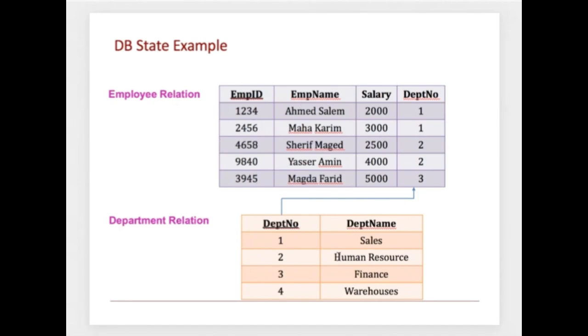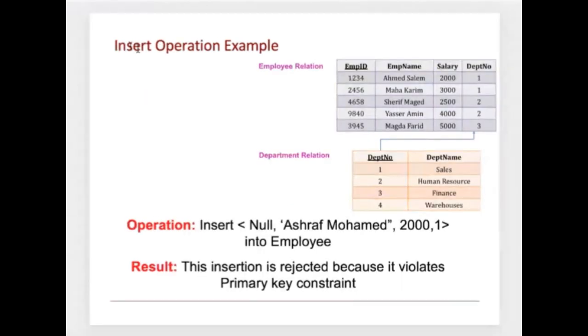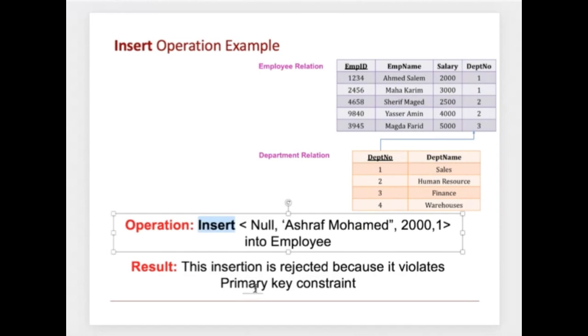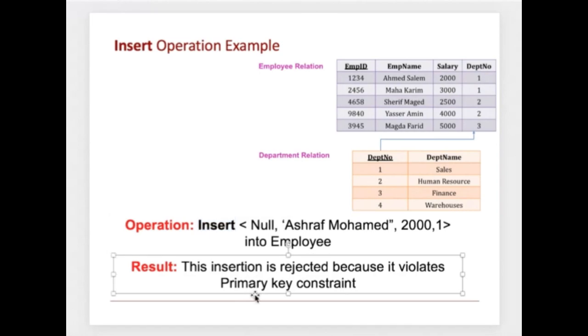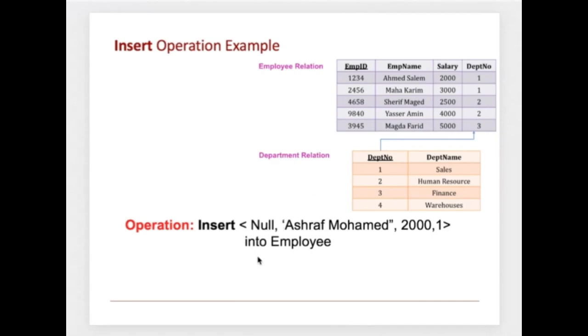In this database we have two tables, and we are going to see some examples of operations. Here we are going to see an insert operation. We want to insert this first record: insert into employee.